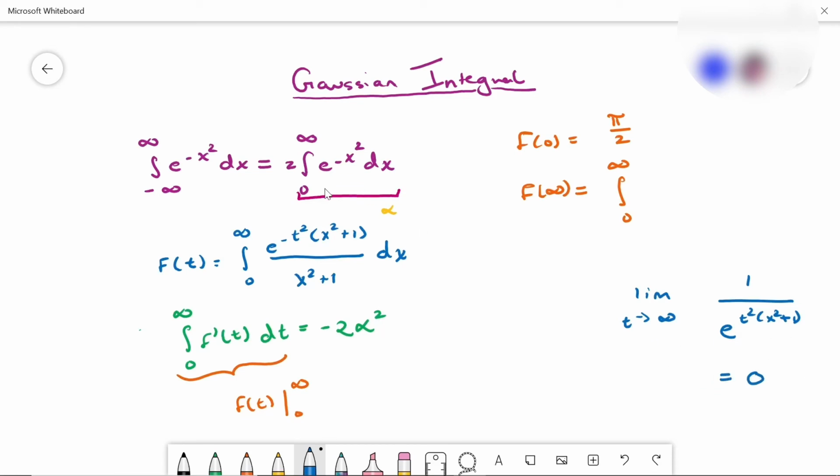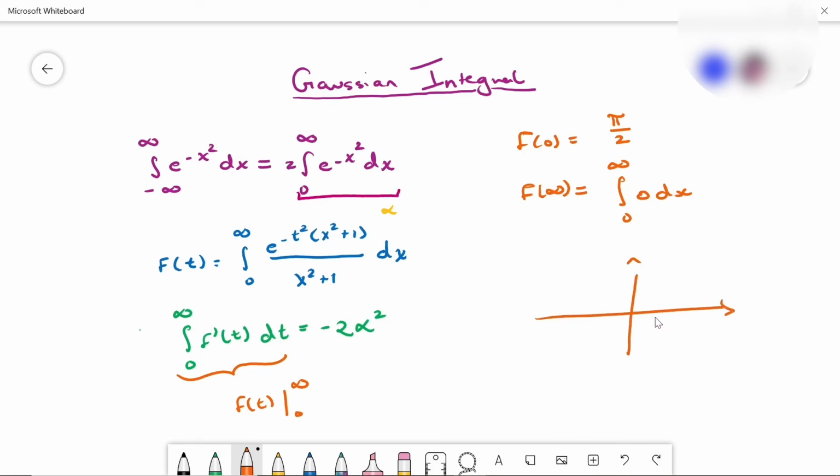So if the top bit is 0, this whole thing goes down to 0 dx. So that's what we're going to be calculating now, 0 dx. Well, what is 0 dx? If you have a look at the graph of y equals 0, which is just the x-axis basically, the area underneath that is just 0. The area bounded between the x-axis and the x-axis, so itself, is 0.